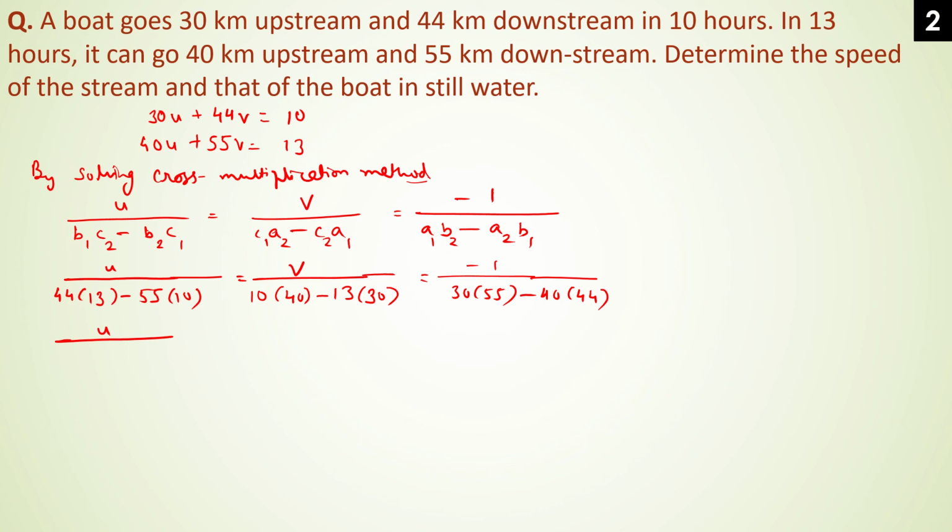by solving we get the different values as, by solving we get 44 into 13 minus 55 into 10 is obtained as 22, v upon obtained value is 400 minus 390, that will be 10 equals to minus 1 upon 30 into 55 minus 44 into 40, that will be minus 110, and minus has been cancelled out.